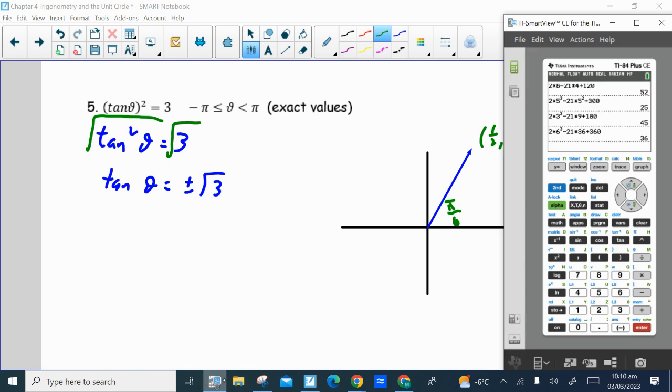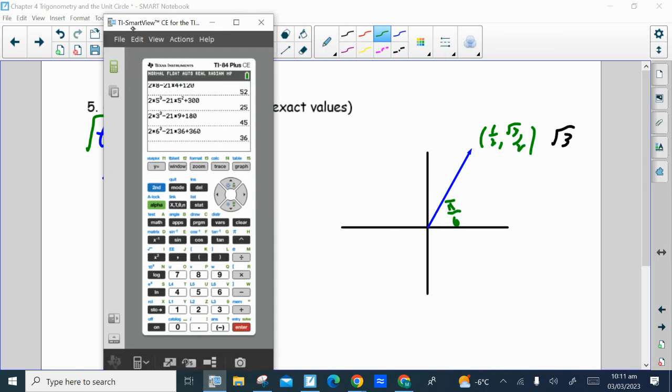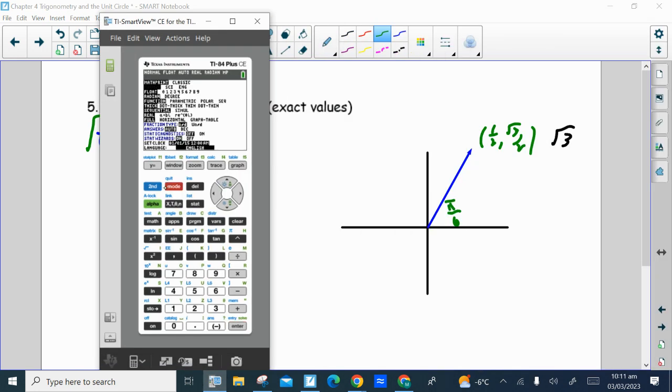And you can check that on your calculator. With your calculator in radian mode, which I am, if you do the tangent of pi on 6, you get that decimal. I'm sorry, I wrote pi on 6 again.